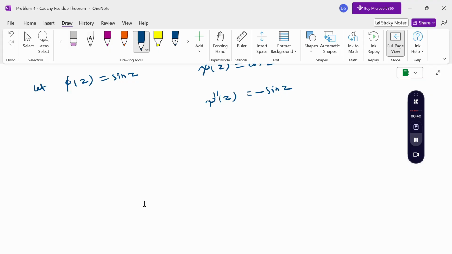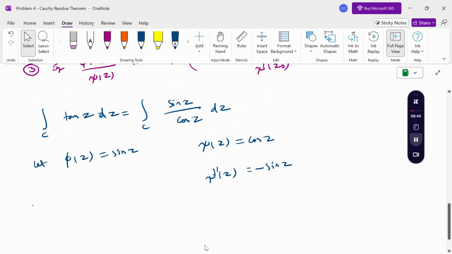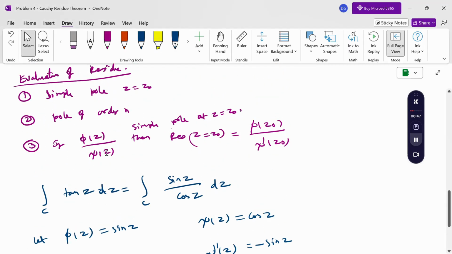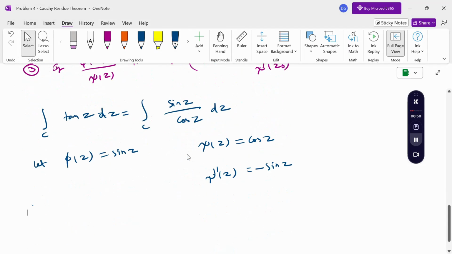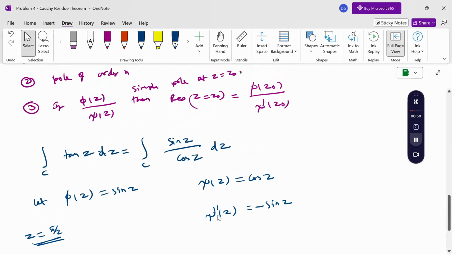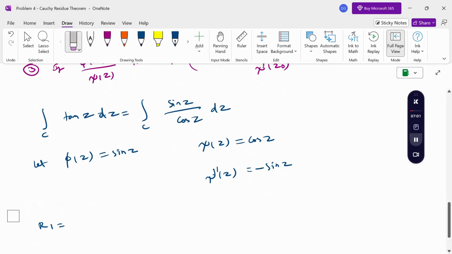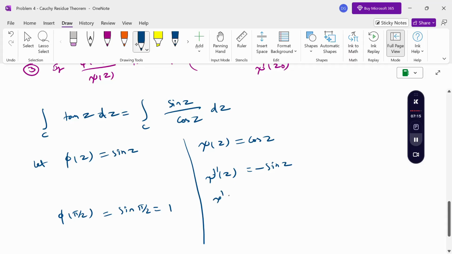Therefore, this is residue 1 when Z equal to pi by 2. Phi of pi by 2 equals sin pi by 2, which is 1, and psi dash of pi by 2 is minus sin pi by 2, which is minus 1.